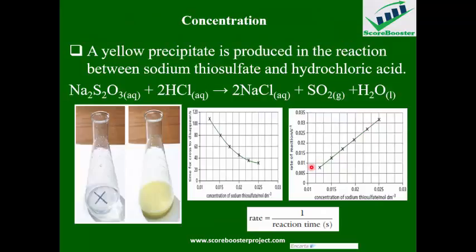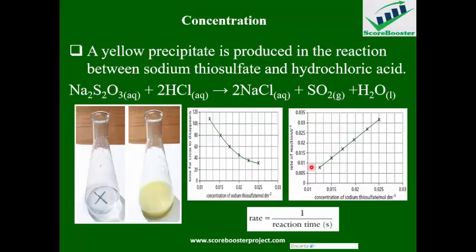Another one is the concentration of the reactant. In this case, concentration is the amount of solid in solvent. The amount of solid in solvent, that is concentration: how much quantity of a solid is dissolved in a solvent.